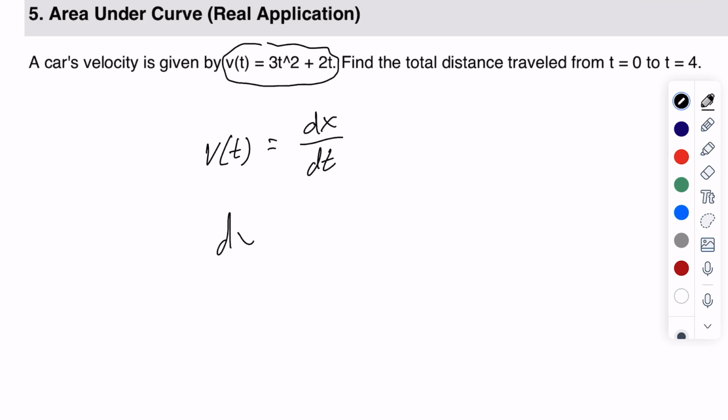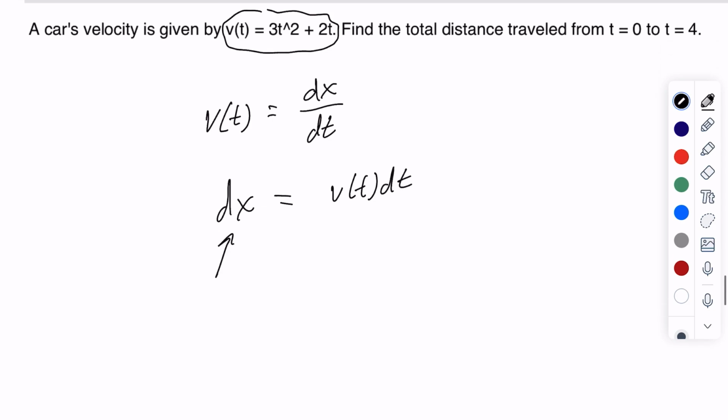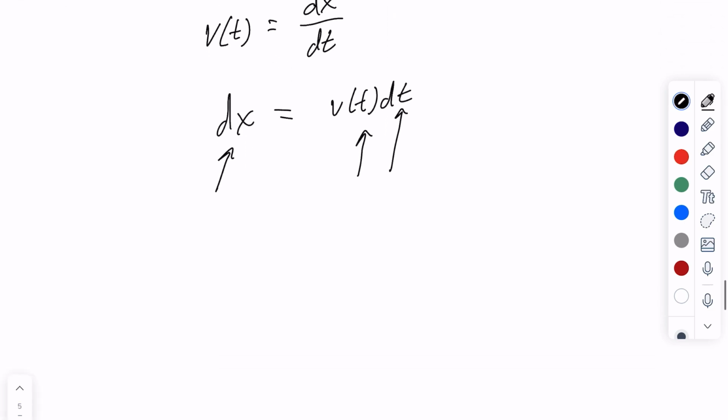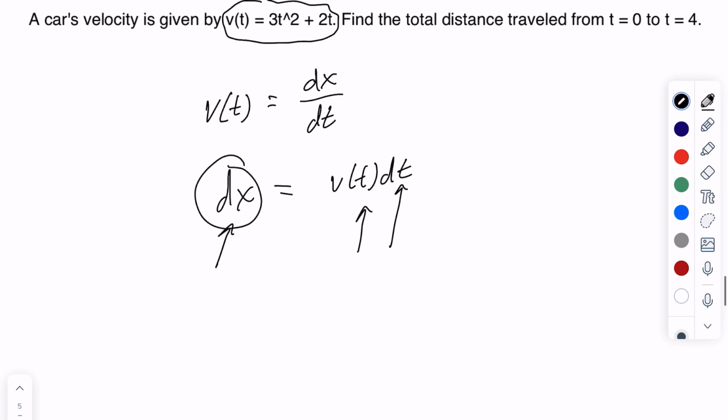And if we solve for the change in position, we basically have a tiny change in position is equal to the velocity at that instant times a tiny change of time. And so we need to add up all the tiny changes of distance.